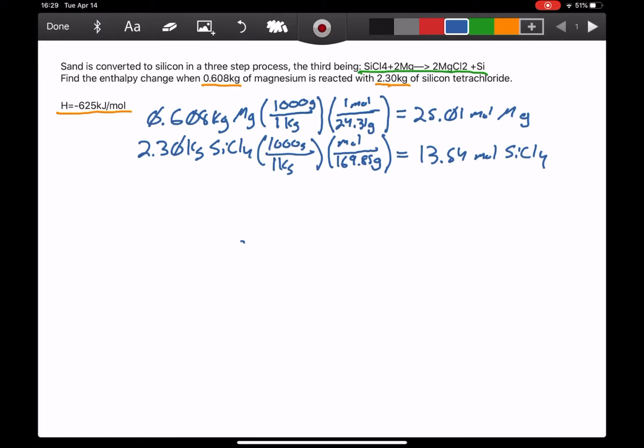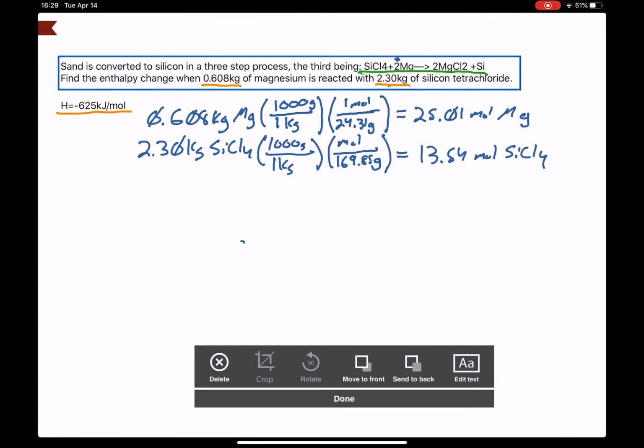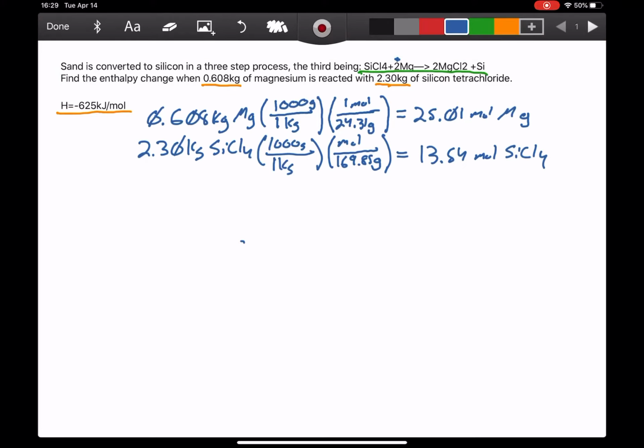So now, to find which one is limiting. In the chemical equation we're given, we see that we need 2 moles of magnesium for every 1 mole of silicon tetrachloride. So using that, we take 25.01 moles of magnesium over 13.54 moles of silicon tetrachloride.